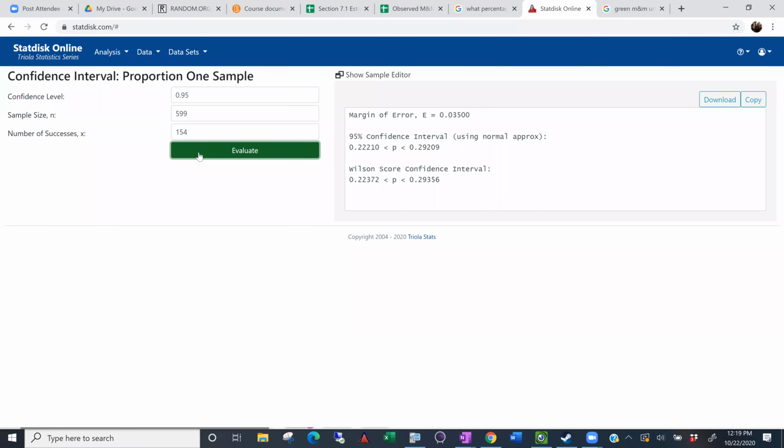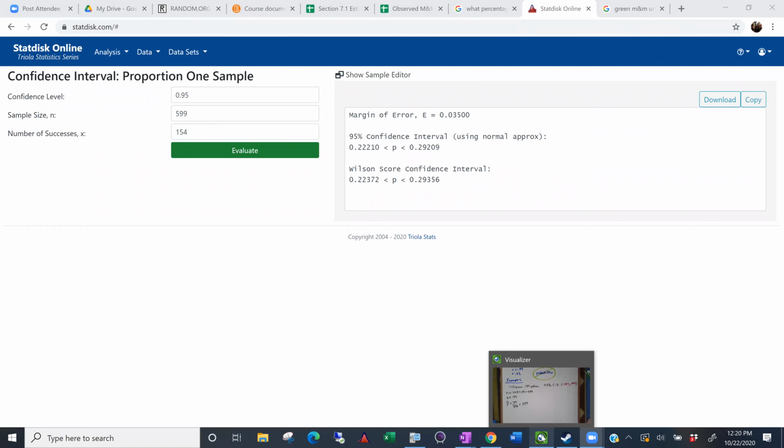So our confidence interval is somewhere between 0.223, I'll call it 0.224, and 0.294.